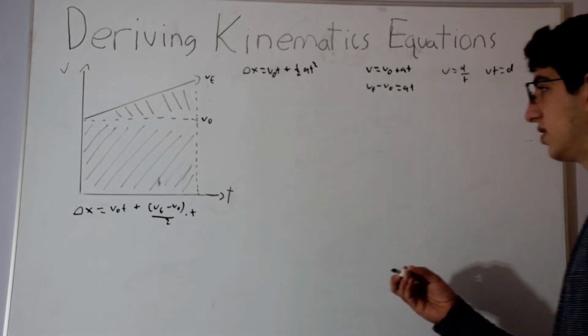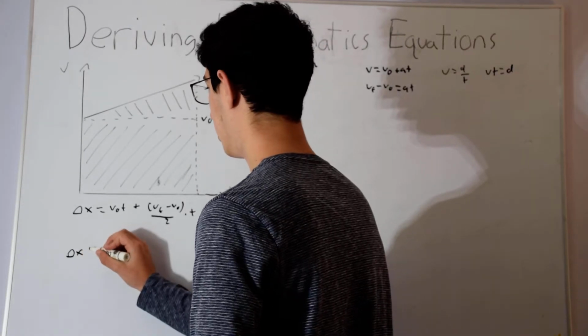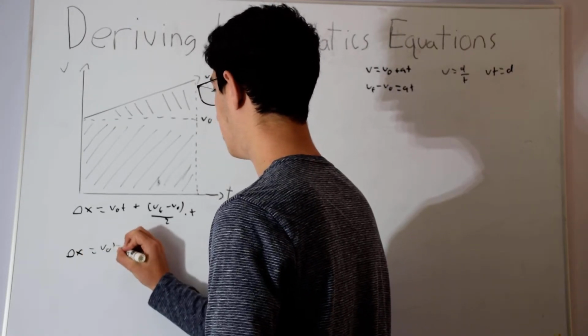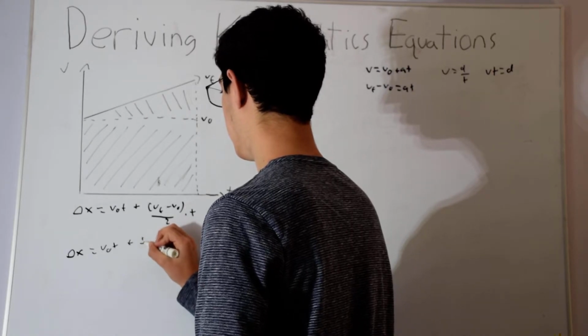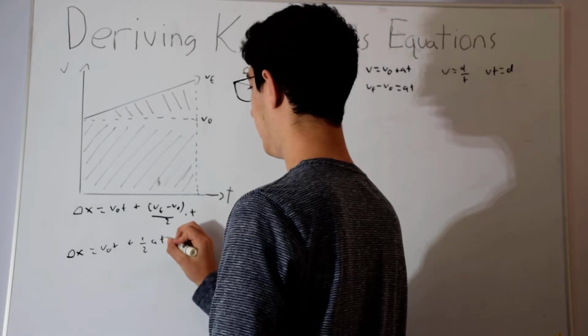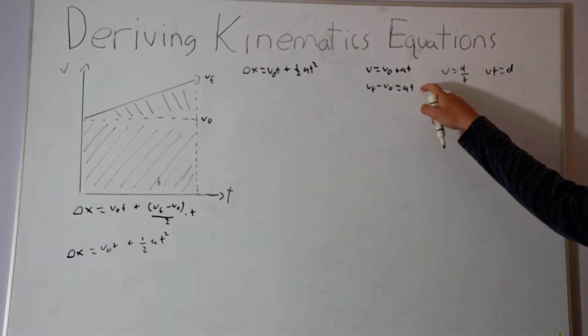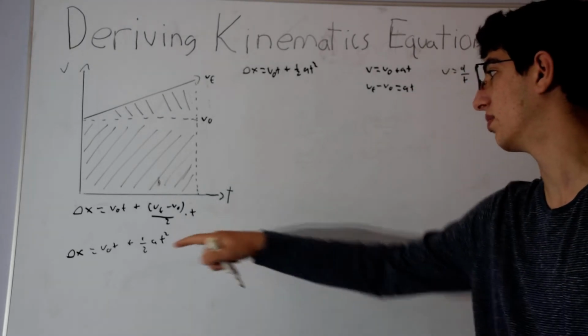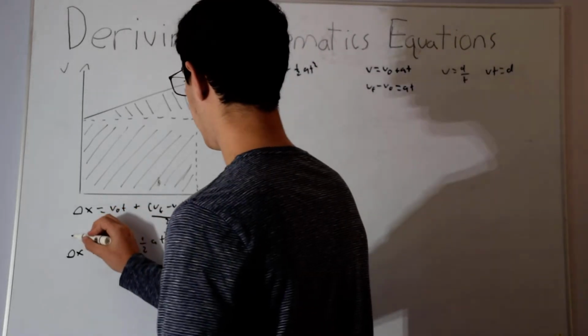So let's do that and let's see what we get. Change in x equals v0t plus 1 over 2, and just moving the 2 out, at squared. And it's t squared because at times this t here becomes t squared. Well, that looks nice, that's one equation.